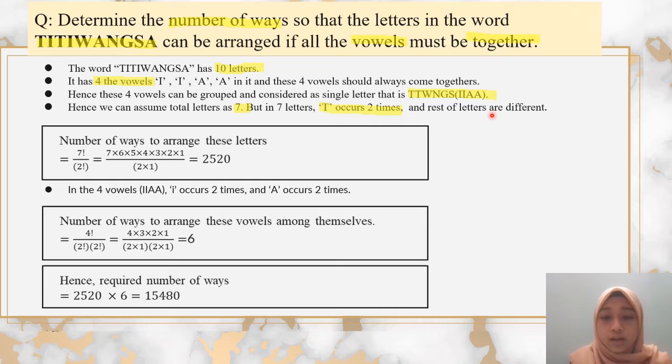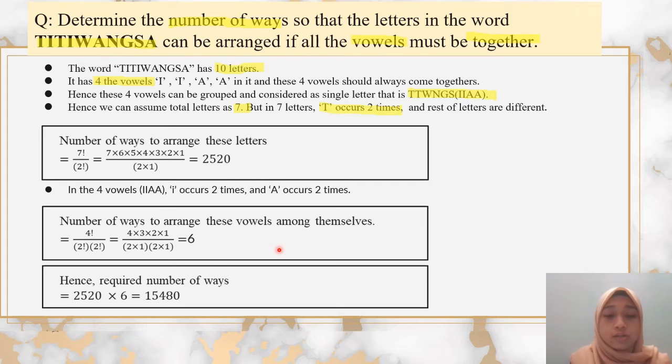Next, we find the number of ways to arrange the vowels among themselves. The vowels are 4, so 4 factorial divided by 2 factorial times 2 factorial. Each 2 factorial is for the number of times a letter occurs, which is the I's and the A's. There are 2 I's and 2 A's.